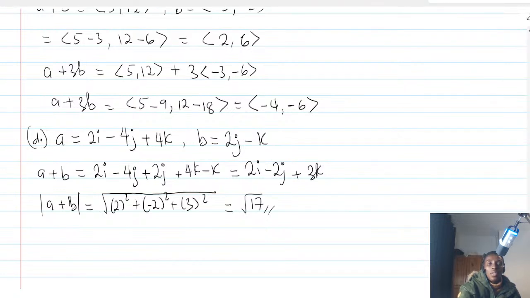Okay. So what then is a unit vector? A unit vector is nothing but the vector over its magnitude. That's all. So let's quickly do this.